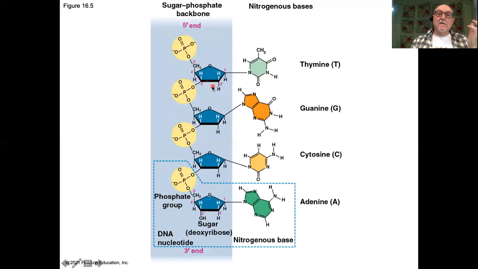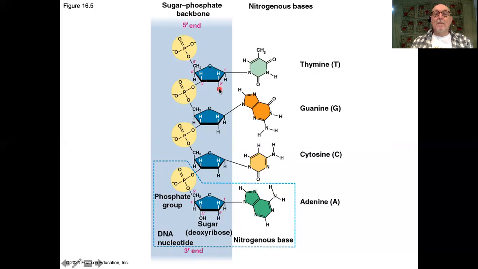Let's remind ourselves, first of all, here is the sugar here. I know that we're looking at DNA, one of the two DNA strands here, because that there is just an H. Remember that we number the carbons 1', 2', 3', 4', 5'. At the 1', there sits a nitrogenous base.